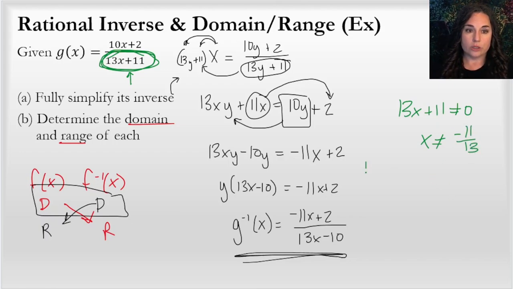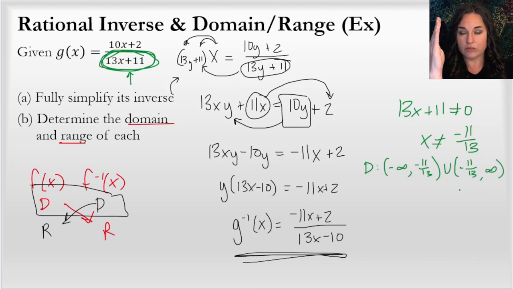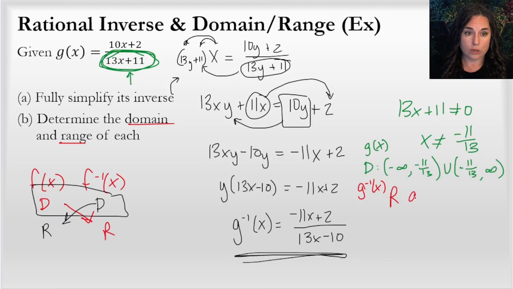So the domain for the original function is from negative infinity all the way up to negative 11/13, union from negative 11/13 all the way up to positive infinity. I'm going to have a vertical asymptote right there at negative 11/13. And then I have a value for every other x. So that's the domain of g of x, which means that's the range of our inverse also.